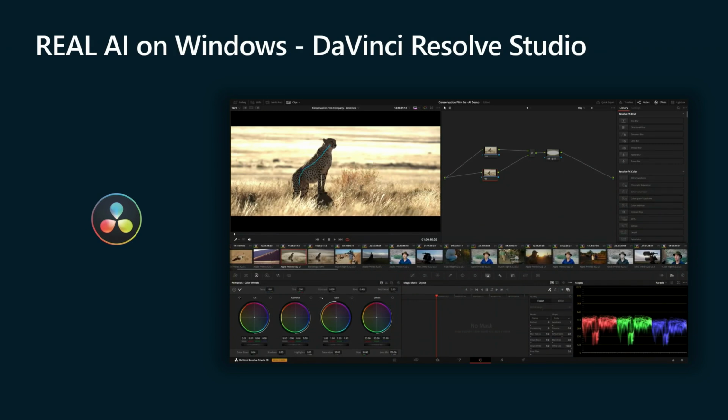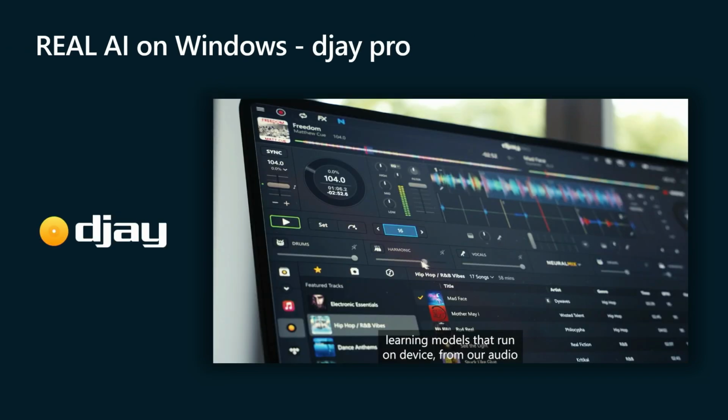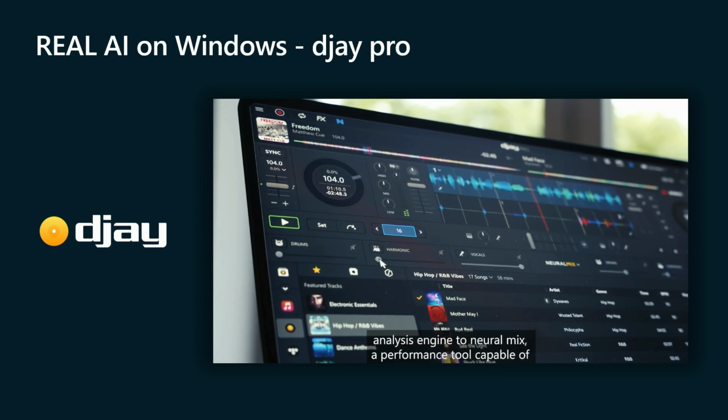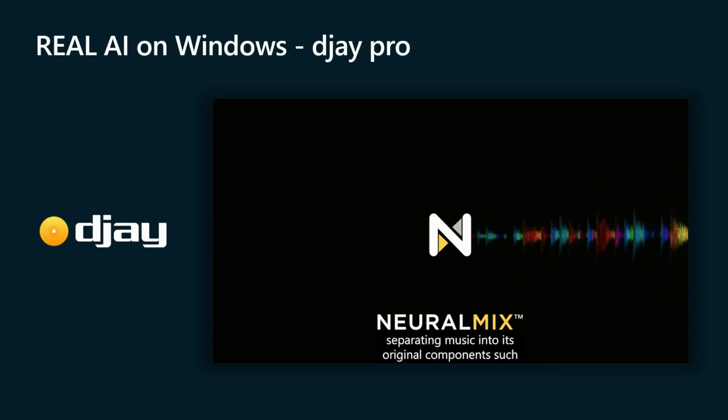Or, for example, DaVinci Resolve Studio, which is pretty famous in Hollywood for their role in old Marvel movies. And with their magic mask working on the NPU, they can run it 3 times faster. And DJ Pro is a very popular application for hobbyists and for professionals as well for mixing music.